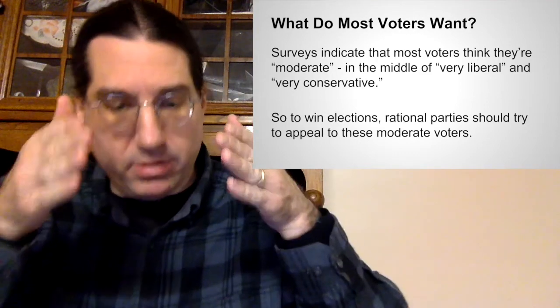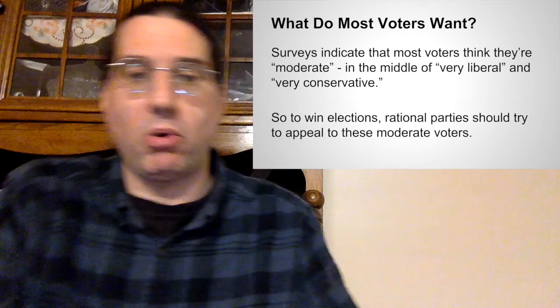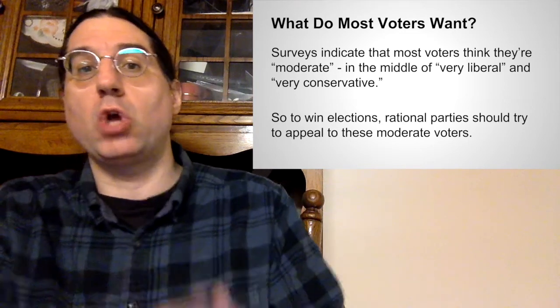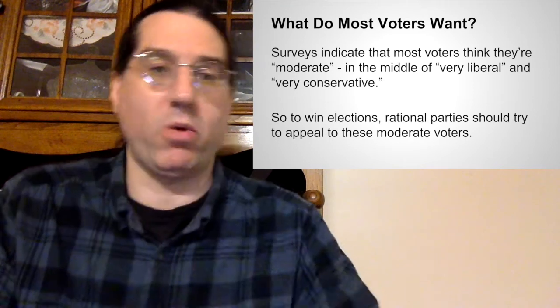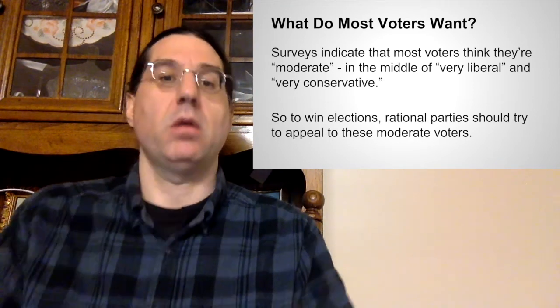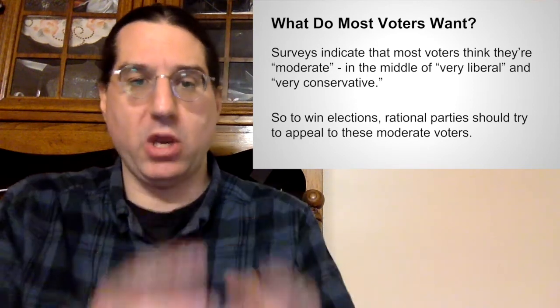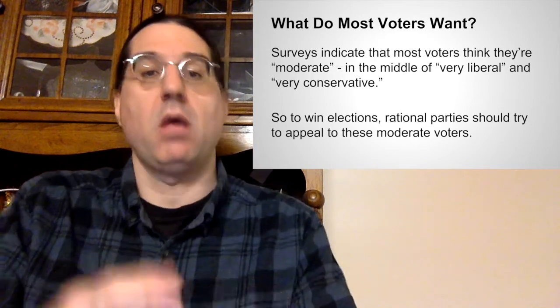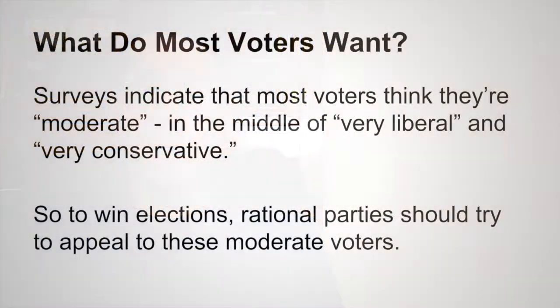You might be a little bit liberal or a little bit conservative, but you're closer to the middle than the other party or the other candidate or the other competitor. And then rationally, those moderate voters would look at you and say, well, okay, maybe you're a little more liberal or a little more conservative than I'd like, but you're still closer to me than the other person. All right.